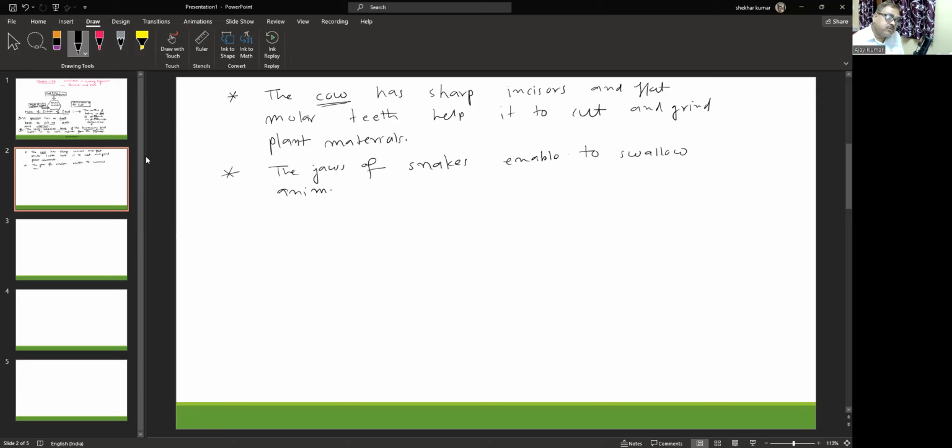This is also another way of taking in food by snakes. With the help of jaws, they swallow the animals and take them inside their bodies. That animal may be larger than the size of the head. So these are some modes of intake of foods.